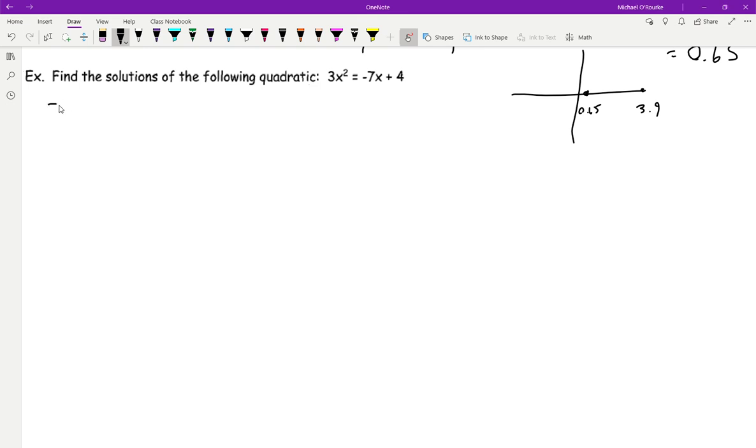So this is going to become 3x squared plus 7x minus 4 equals 0. So I just pulled these 2 over to the other side. Now I have to find my A, B, and C value. Okay? Can you guys write in chat what you believe the A, B, and C value is for me?